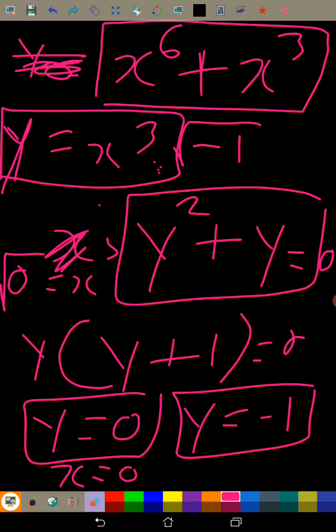If I square root a negative number, it gives me an error. But if I do the cubic root, I don't know. Let's see.